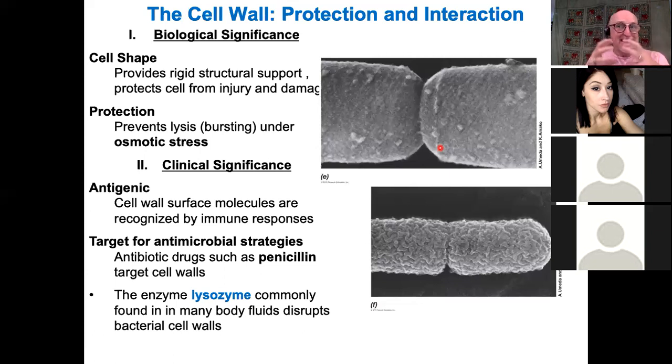It's also not a static thing. The molecules of the cell wall are continually broken down and rebuilt so that the cell wall, for example, can expand to allow the cell to grow. It provides a cell shape, it provides structural support, but its most important function is something that might not be obvious.